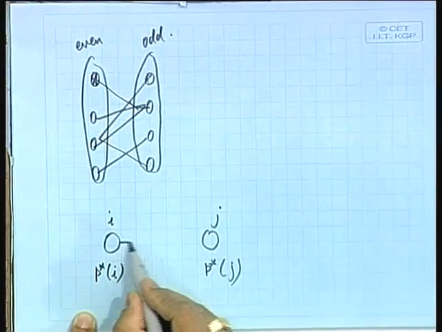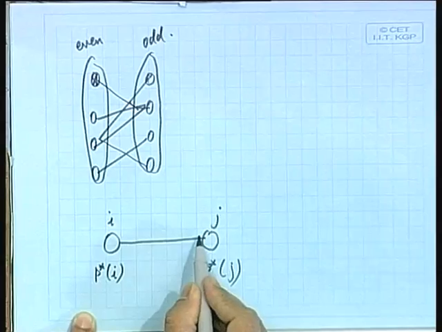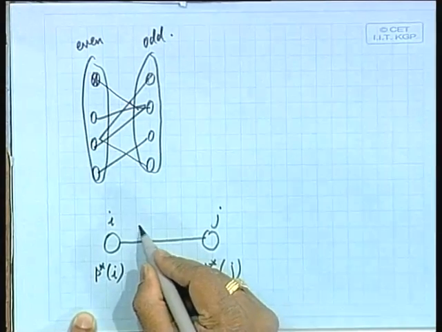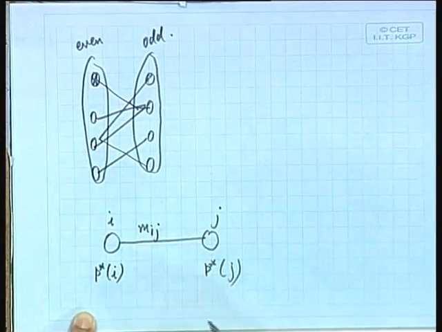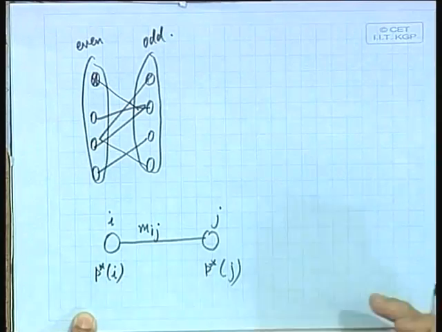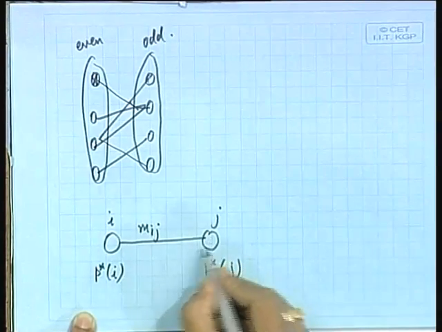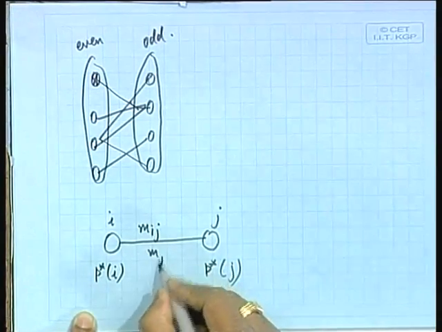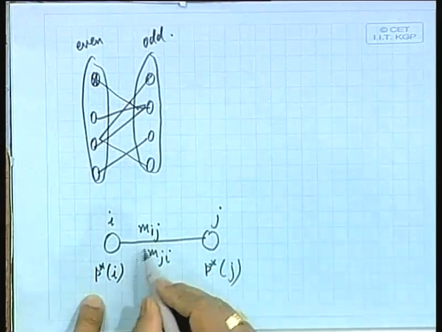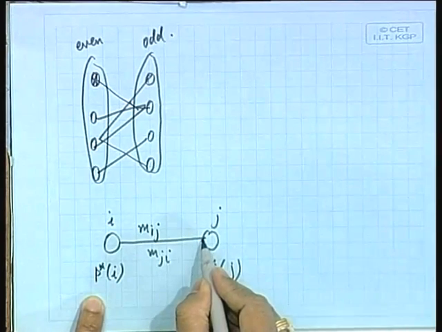So, what is the probability of traversing this edge from this to this direction? It is Mij, right, and what is the probability of traversing from the other direction if you are here? It is Mji. So, what is the probability that you cross this edge ever?